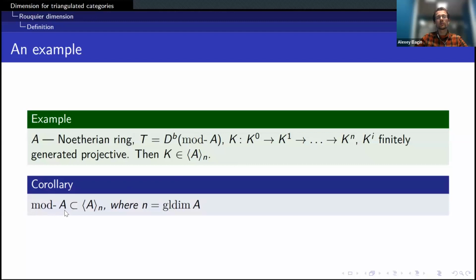So any such module belongs to the category generated by the free module by time n. As we will see soon, in this case, the category on the right side is actually the whole derived category of finitely generated modules. But this is a little bit more complicated.